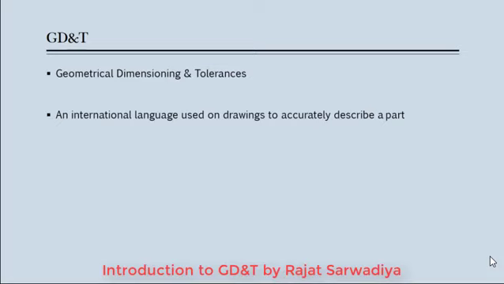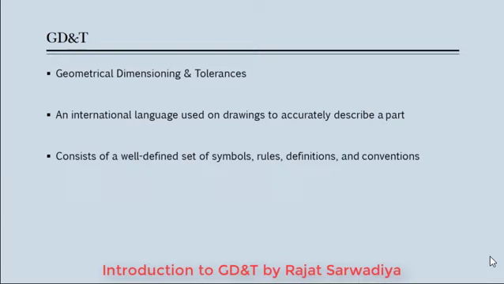It is a set of symbols which we place in our drawings to describe the details about the particular part. As we discussed, it consists of a well defined set of symbols, rules, definitions, and conventions.